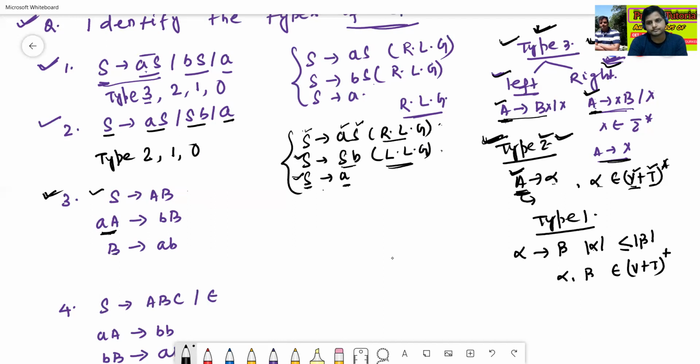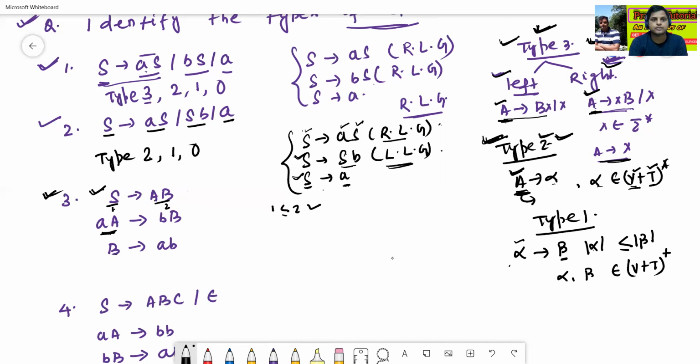Now we'll check the first production. The left side S belongs to alpha, AB belongs to beta, and I'll check the length. Its length is 1, its length is 2. So 1 is less than or equal to 2.